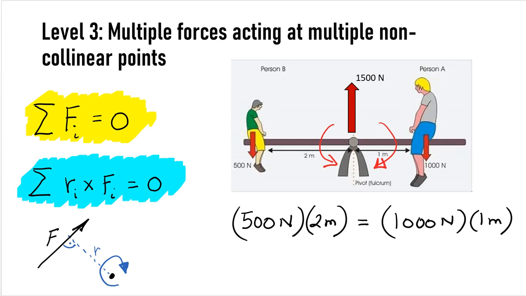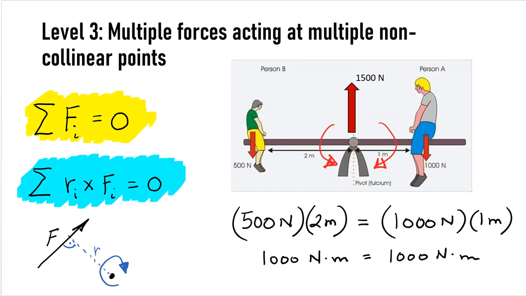In the case of the lighter person on the left side, it is 500 newtons times 2 meters. That gives you 1,000. And on the right side, you have somebody twice as heavy, so they have to be at half the distance, which in this case would be 1 meter.